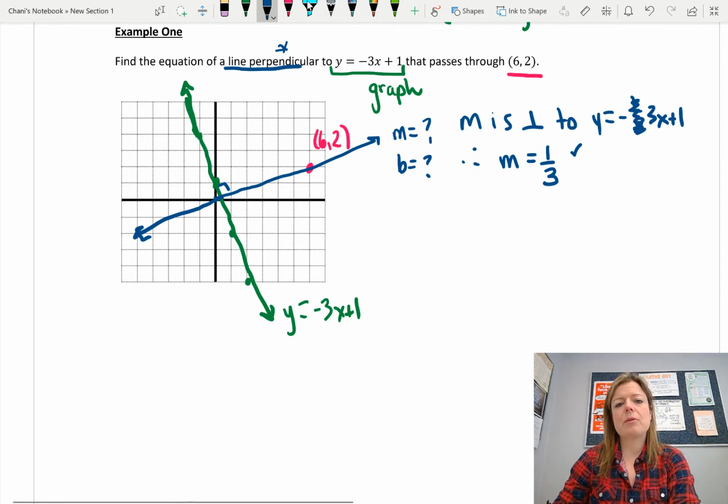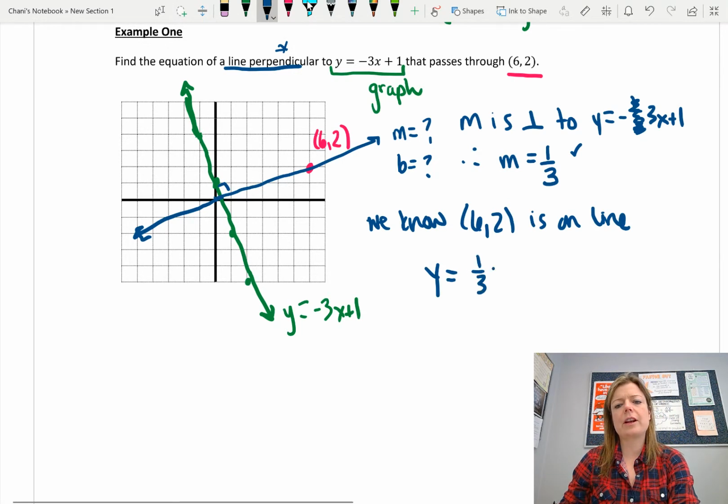Now, do we have a point on the line? Yes, we have a point (6, 2), and we know that it's on the line. So we can use that to find b. So we set up our equation y equals 1/3 x plus b, and now we can sub in (6, 2).